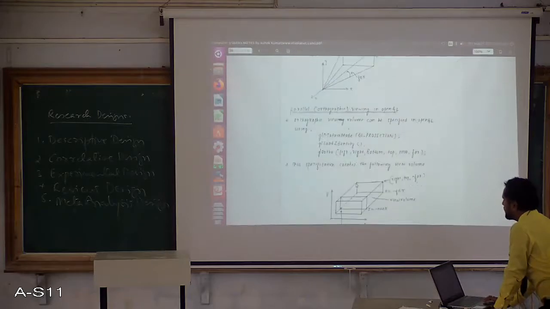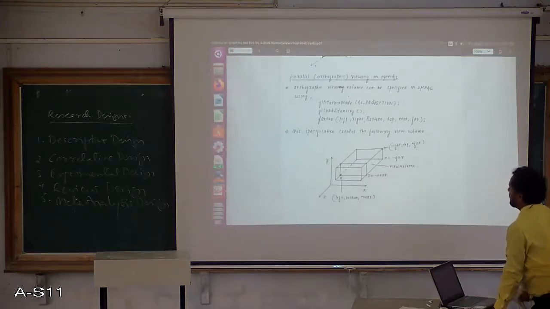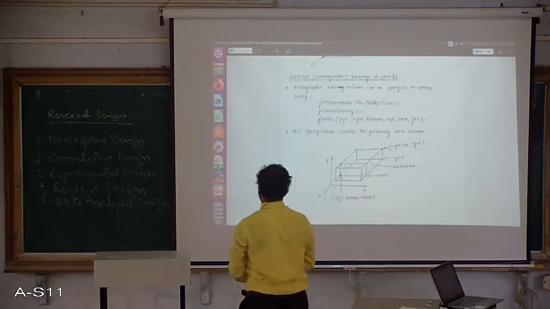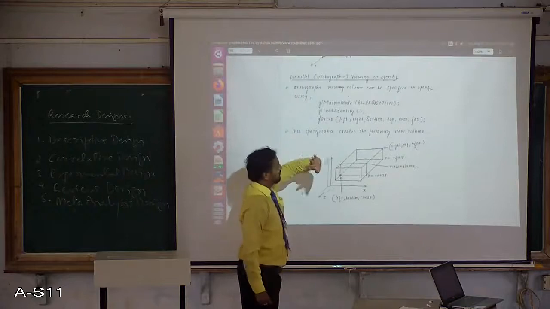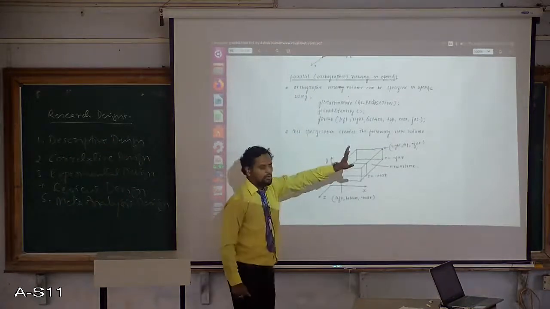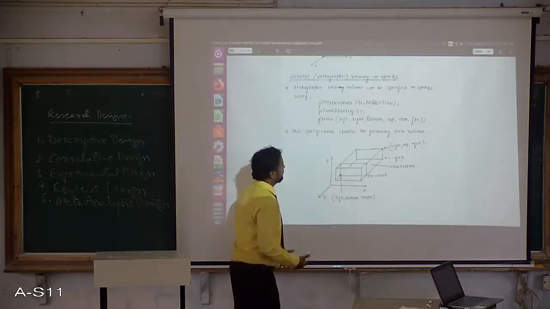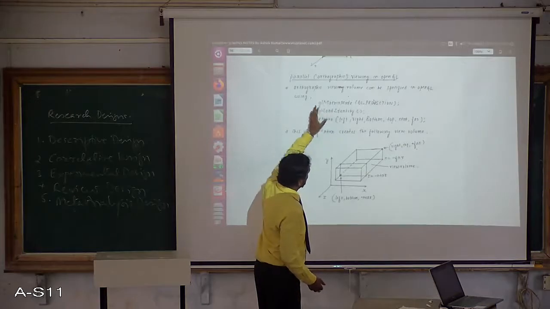When it comes to parallel or orthographic viewing in OpenGL, the orthographic viewing volume can be specified in this way. Again the same thing: glMatrixMode, GL_PROJECTION. Again load the identity matrix, that is glLoadIdentity.